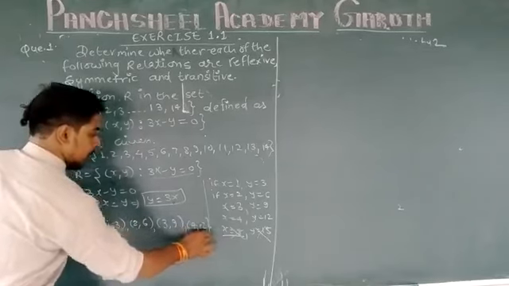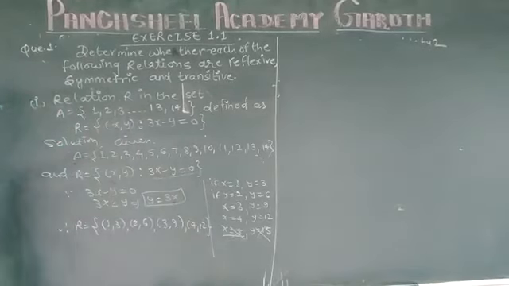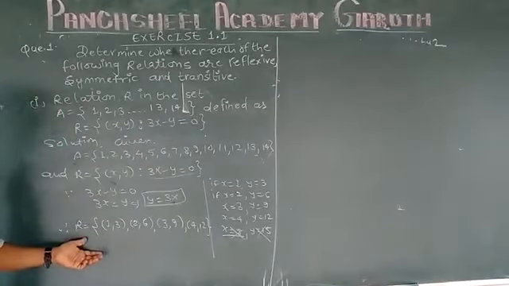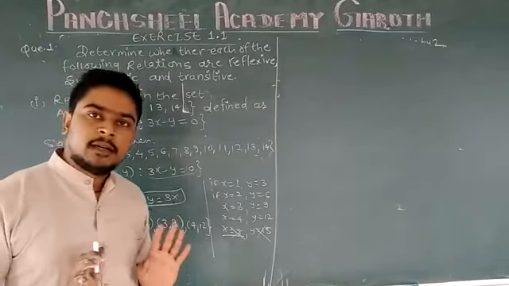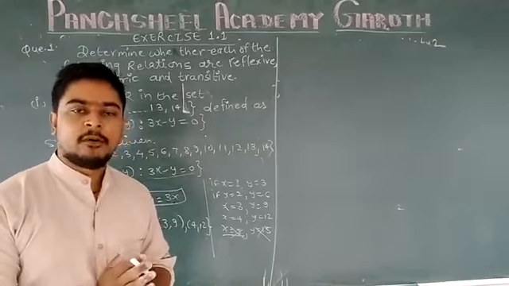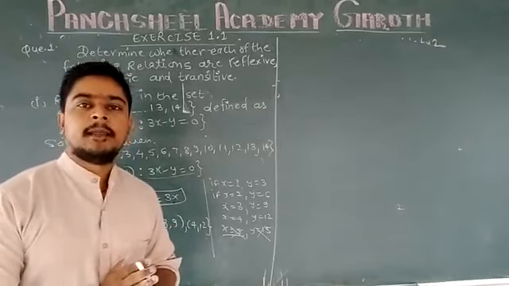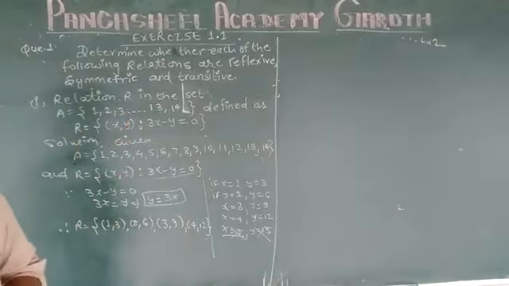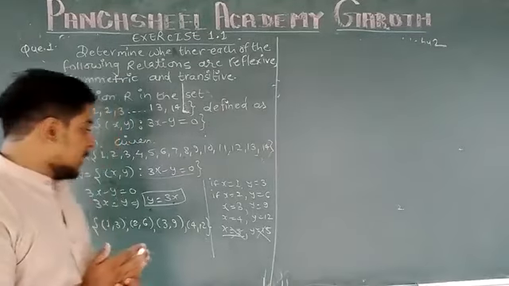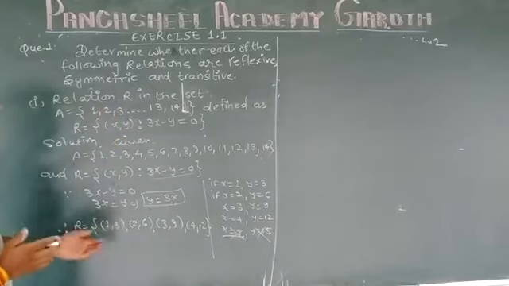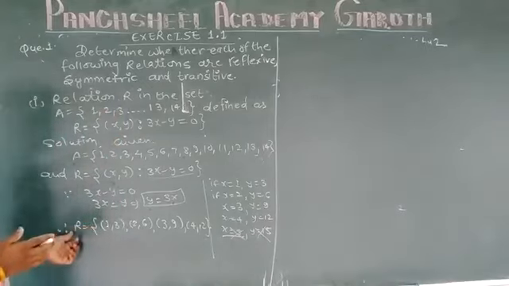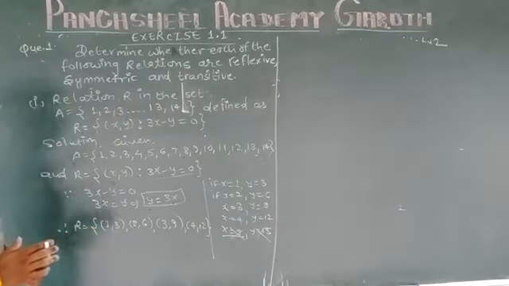(4, 12). What do you say about the relation or the ordered pairs? You know all the types of relation, particularly the reflexive, symmetric and transitive properties. So what is your opinion about the given relation after looking at these ordered pairs?